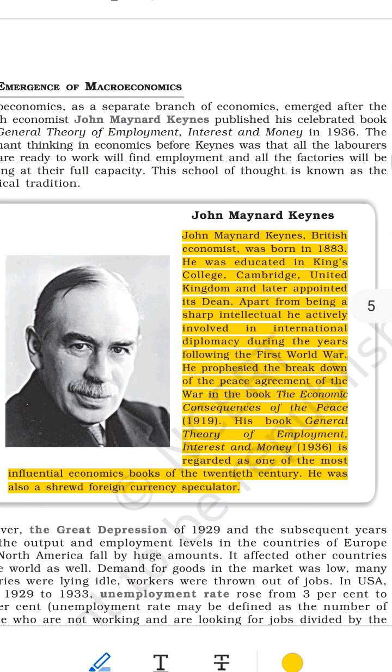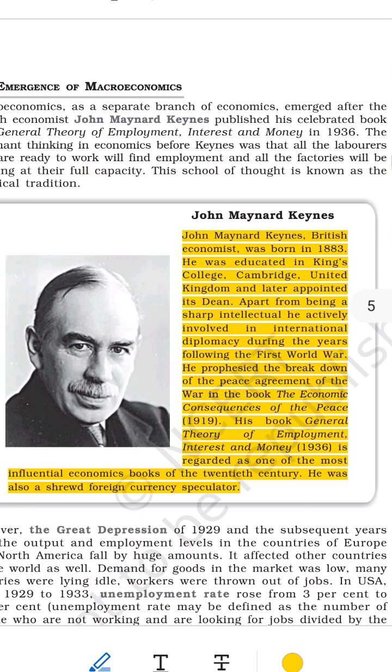But Keynes said, no, sometimes the government must help, especially when people don't have jobs. He explained, when people don't have jobs, they don't spend money. When money isn't spent, businesses shut down. So the government should spend money, like on roads, schools, etc., to give people jobs. This will restart the economy. This idea is now called Keynesian economics.